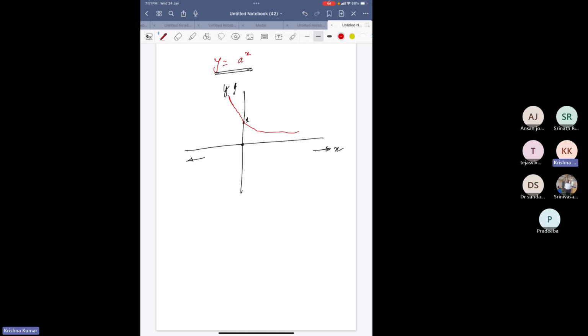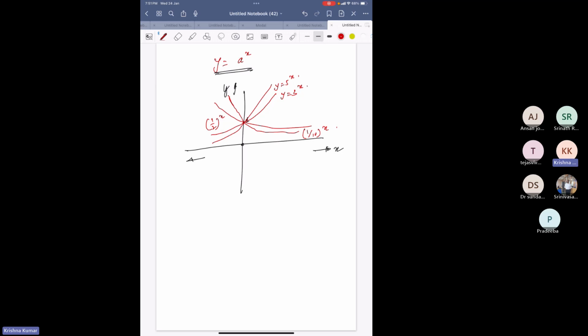So that is, for example, 1 by 10 power x. This is 1 by 2 power x. This is 5 power x. Same way, y is equal to 3 power x, and so on.